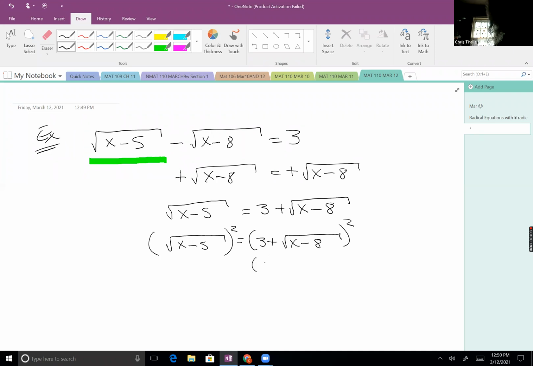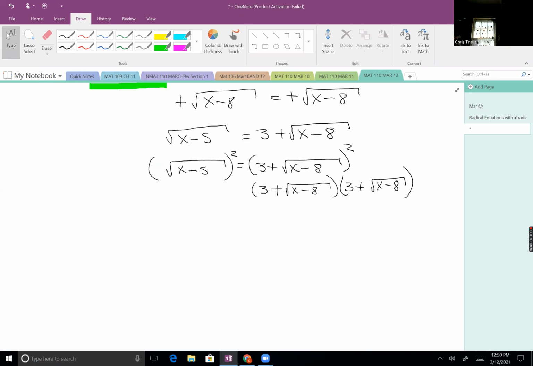And remember, squaring that right-hand side, you have to think of taking that expression and multiplying it by itself. I'm going to stop here for a minute and let you do that to make sure you're comfortable with foiling something like that out. I'm going to be quiet for a minute and ask you to do that part for me, please.